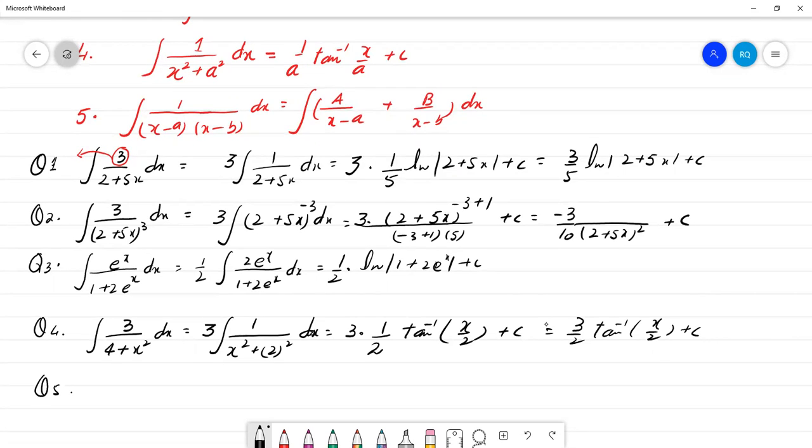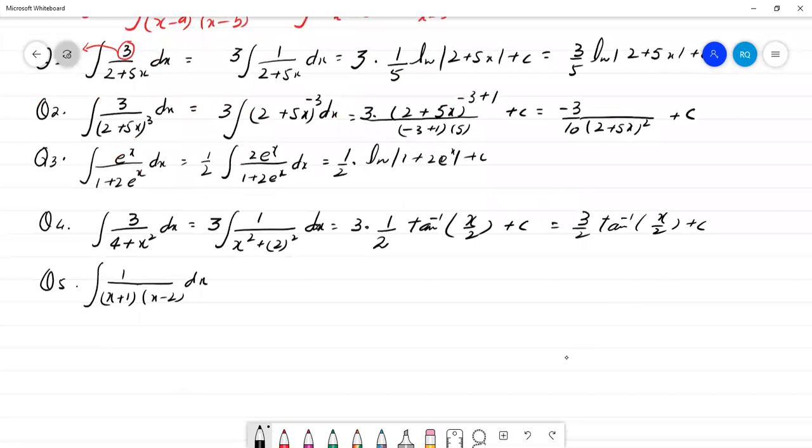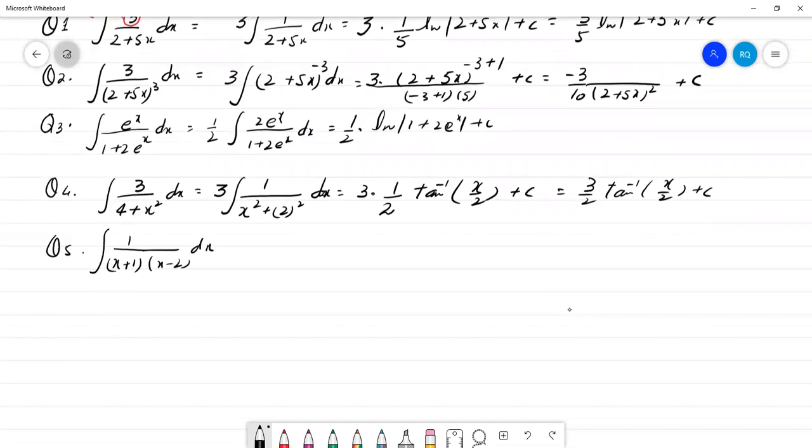The last one is if you have the partial fraction, just like this one, 1 over (x plus 1) into (x minus 2) dx. You can't integrate this expression unless you use partial fractions. And you know what the types of partial fractions are. The first type is when the denominator consists of linear non-similar factors. So a over x plus 1, plus b over x minus 2.